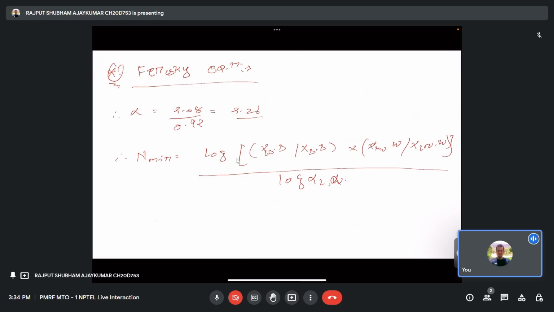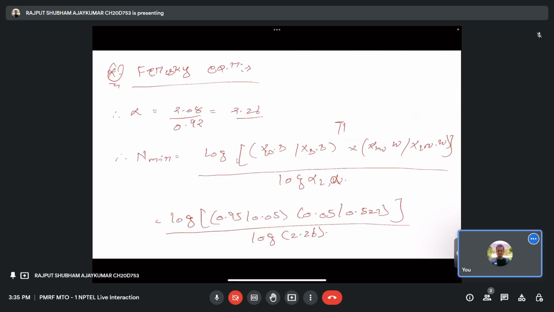Okay, so we'll just put all the values here. So log 0.95 divided by 0.05, multiplied by 0.521, all divided by log of alpha, that is 2.26.